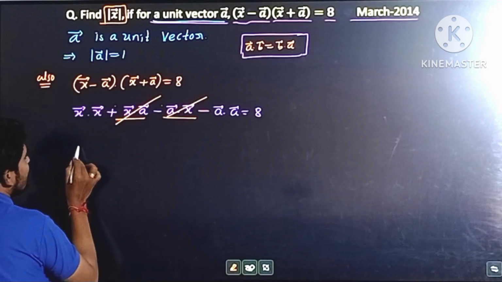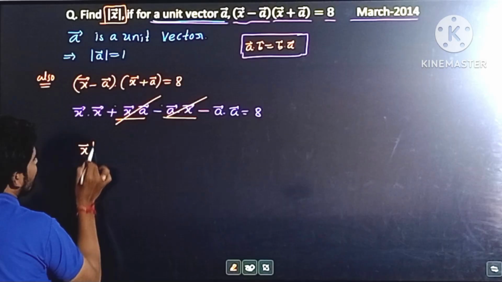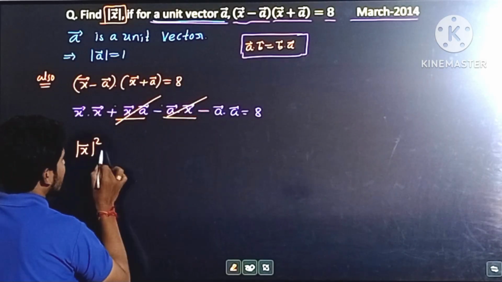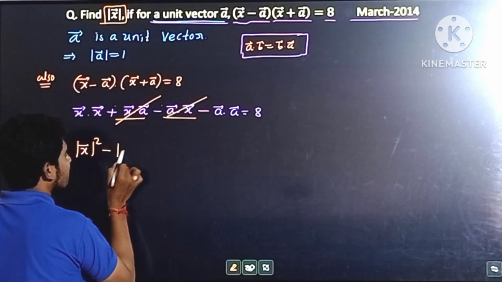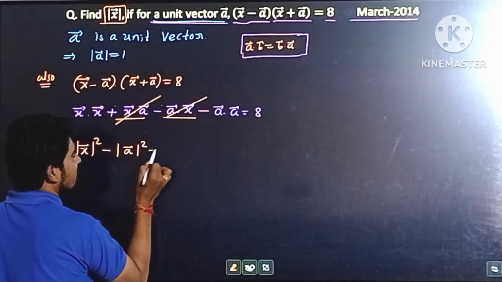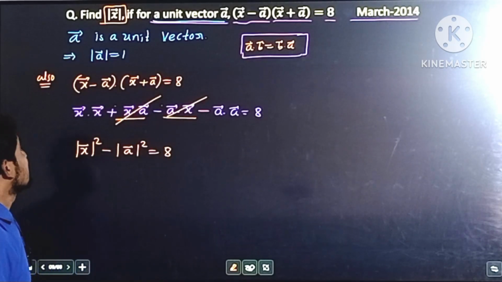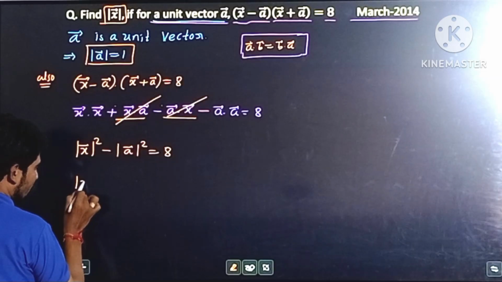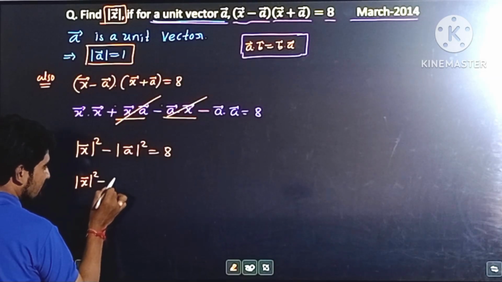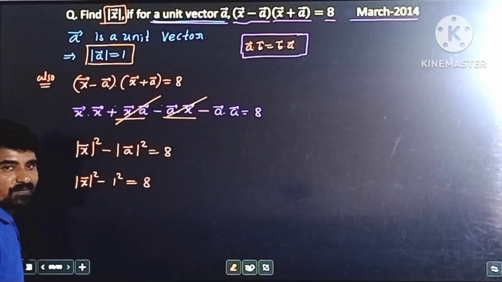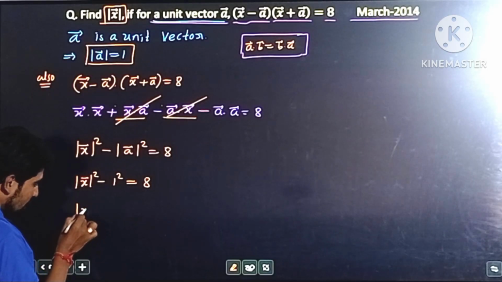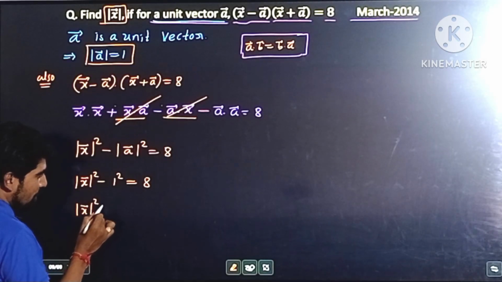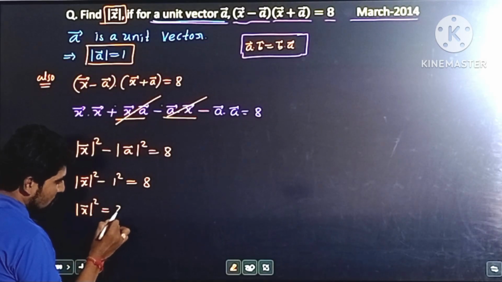And we know that x vector dot x vector is equal to magnitude of x vector square, minus a vector dot a vector, which is magnitude of a vector square, equal to 8. In this question he has given that magnitude of a vector is 1. Therefore magnitude of x vector square minus 1 square is equal to 8.